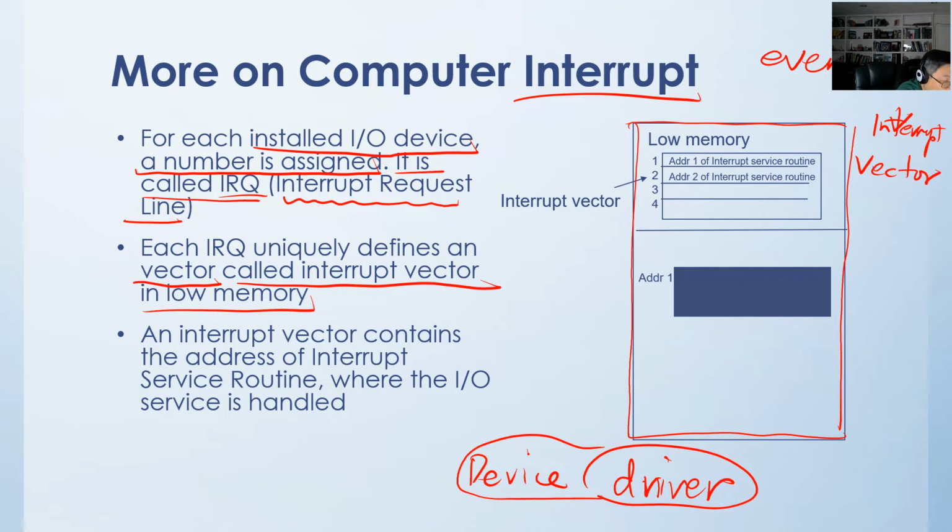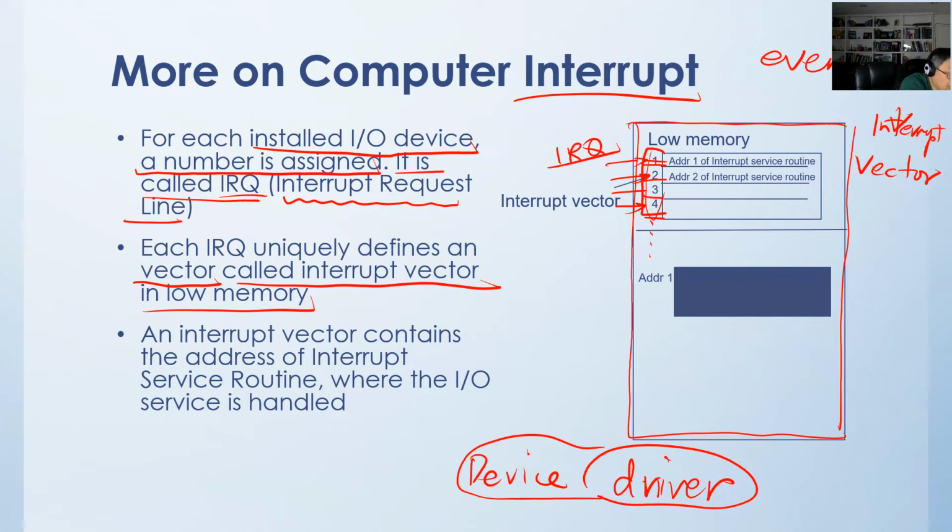It's actually a table. One column contains the numbers 1, 2, 3, 4, 5, 6, 7, 8. The table could be pretty long, but right now I only put a small number of items. Each of the numbers here is the IRQ number.